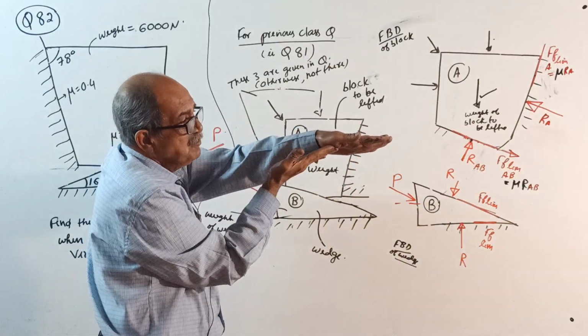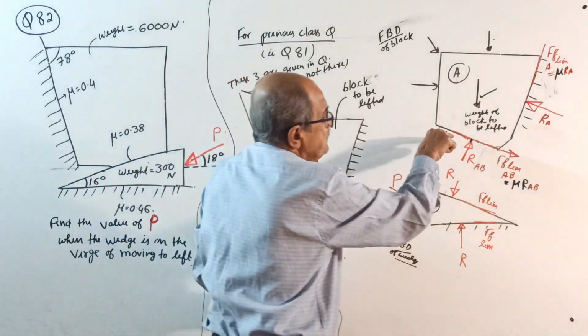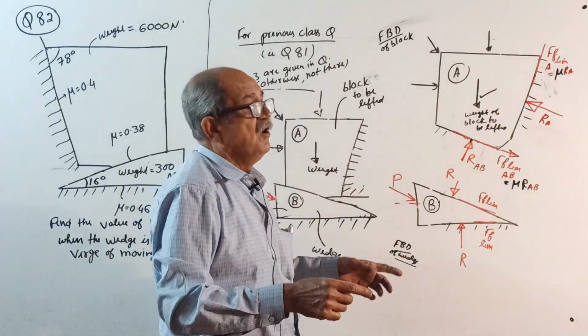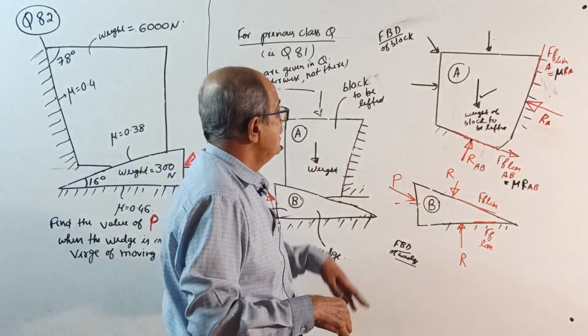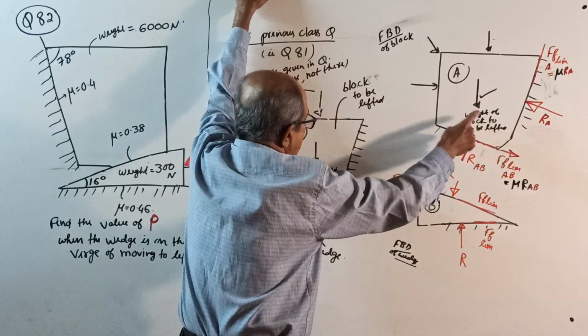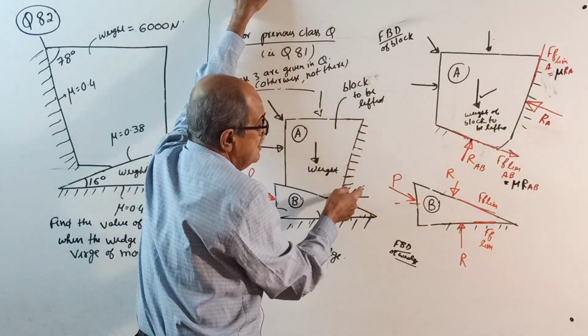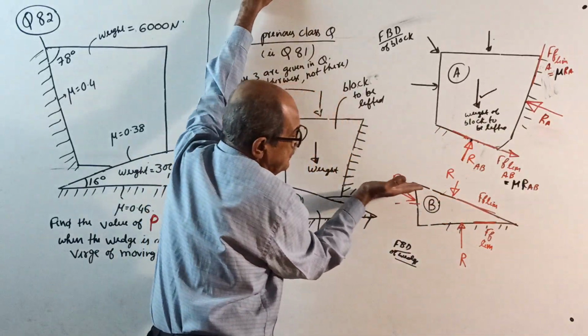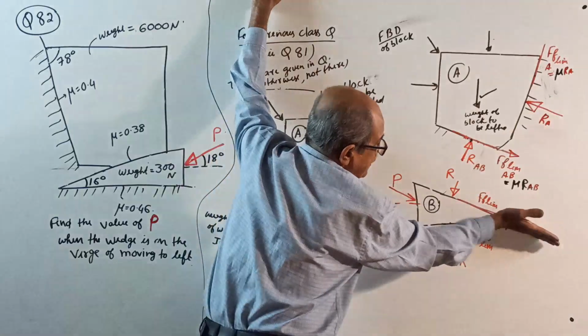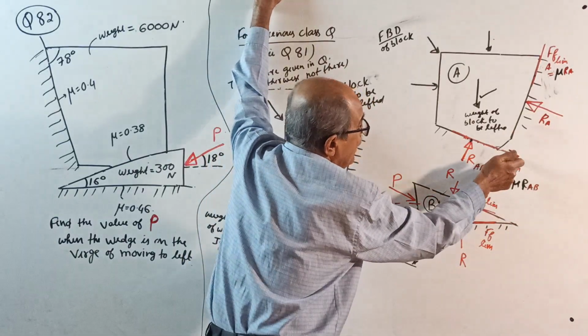Since it looks like moving to the left side, friction is to the right side. Like driving on the road, side buildings or trees move backwards. Or remember, friction on the upper block is in the same way as this wedge is moving. Same way, rubbing action.